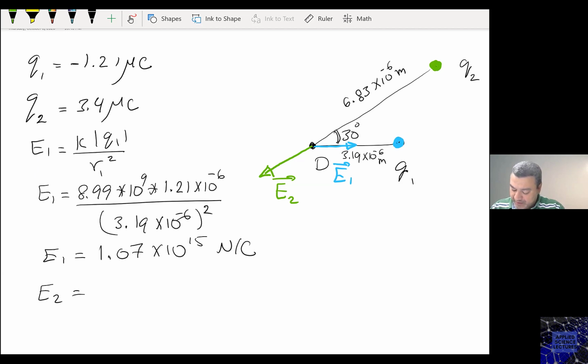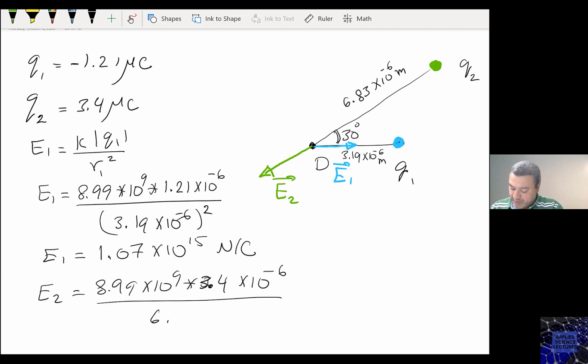E2 is 8.99 times 10 to the power 9 times the magnitude of Q2, which is 3.4 times 10 to the power minus 6, divided by 6.83 times 10 to the power minus 6, squared.